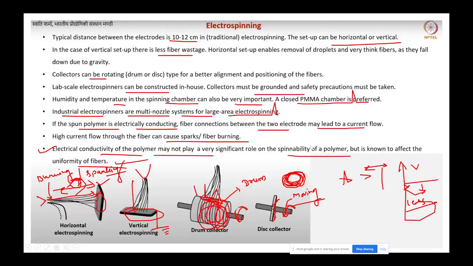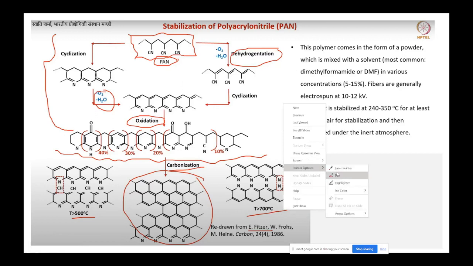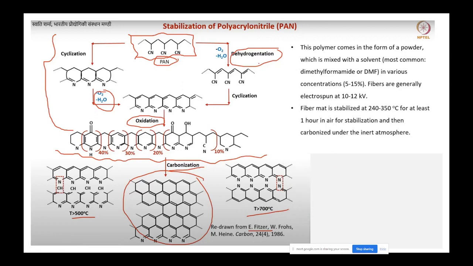So the next concept that we are going to cover is the stabilization of polyacrylonitrile. Here you can see this is your PAN, and this is your dehydrogenation.